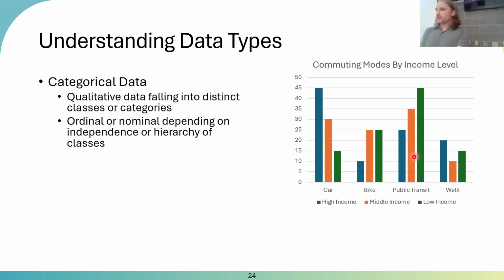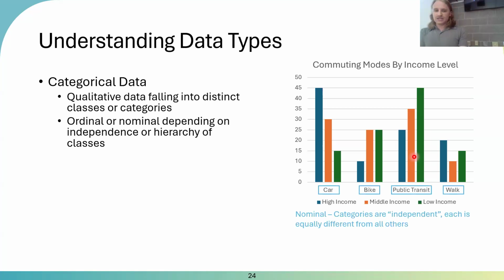I'll use the example on the right-hand side here of completely dummy data that I came up with. Imagine that we have data about commuting modes, for how people get into work, depending on their income level. The first set of categories is simply what percentage of people use car, bike, public transit, or walking to get into work.